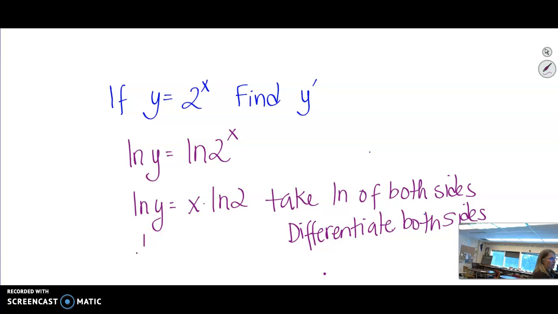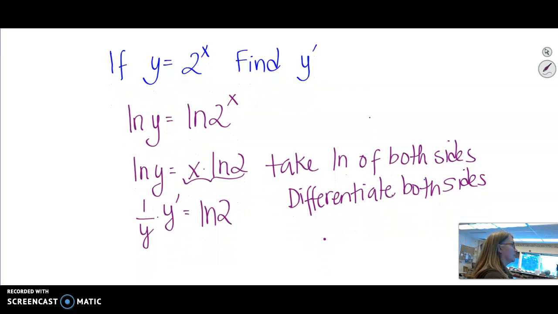You're going to have 1 over y, because that's the derivative of ln of an argument: 1 over the argument times the derivative of the argument, which is going to be y prime, because we don't know what y is in terms of x. And then on the other side, we have x times ln of 2, which means we have a constant times x. And remember, if you have a constant, we can leave the constant and multiply by the derivative of x, which is just 1. So it's just ln of 2.